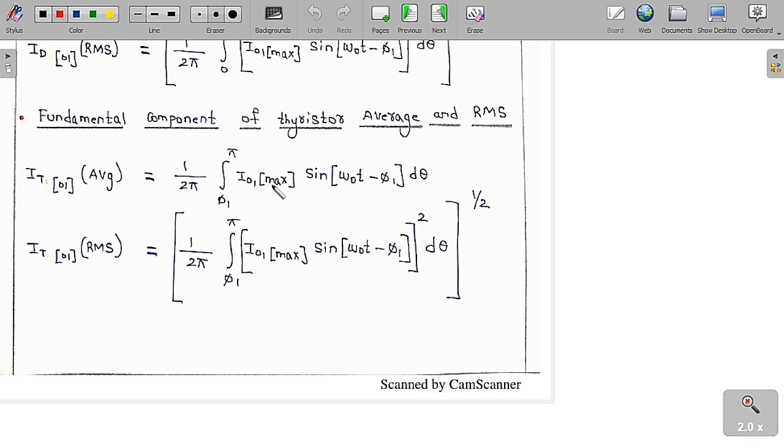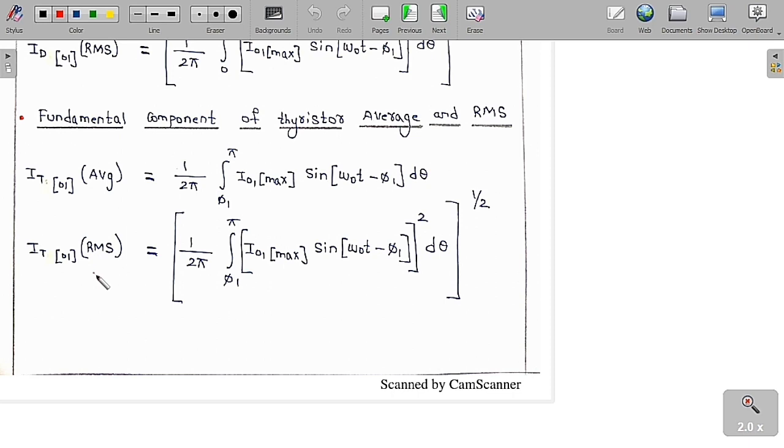So the fundamental component of the switch current equals the fundamental component of the load current, giving I01 max into sine of omega naught t minus phi 1 into d theta. Similarly, the RMS value of the fundamental component of the thyristor current is the square root of 1 by 2 pi integration from phi 1 to pi.